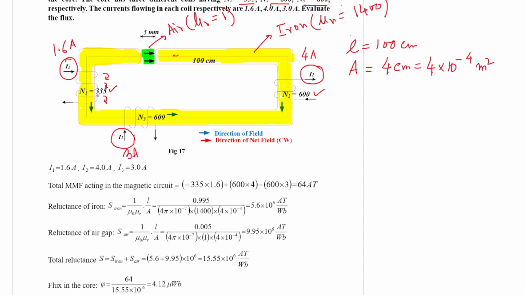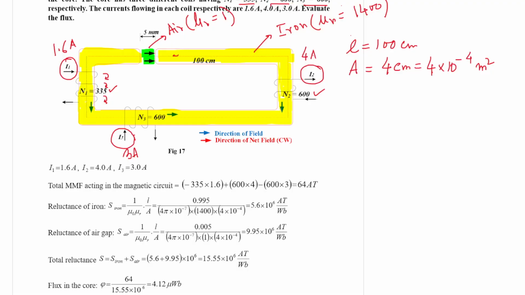So if you recall, clockwise direction means the magnetic field will be directed along the thumb rule. That is why the magnetic field created by I1 is directed by this arrow. Now if you consider I2, the current flowing is in which direction? Anti-clockwise direction, right?